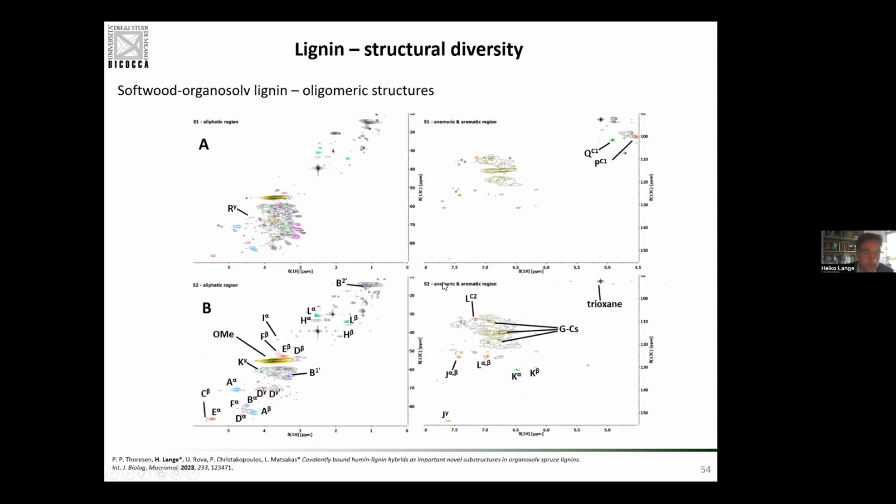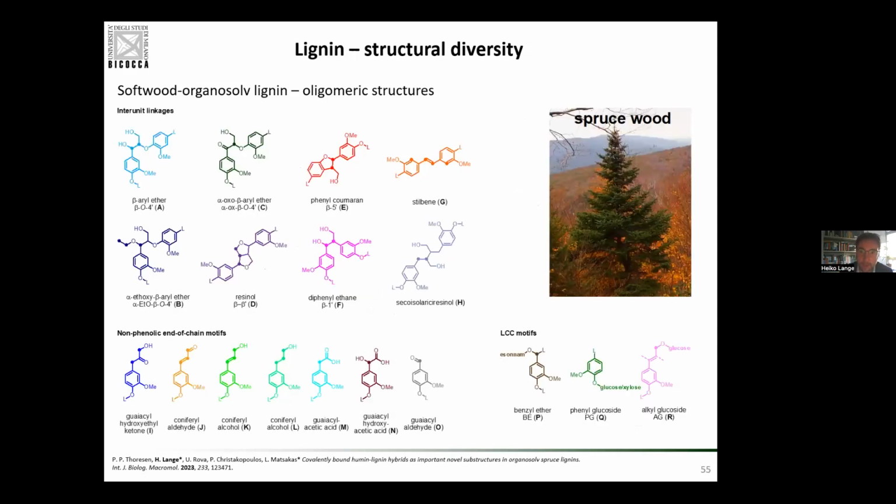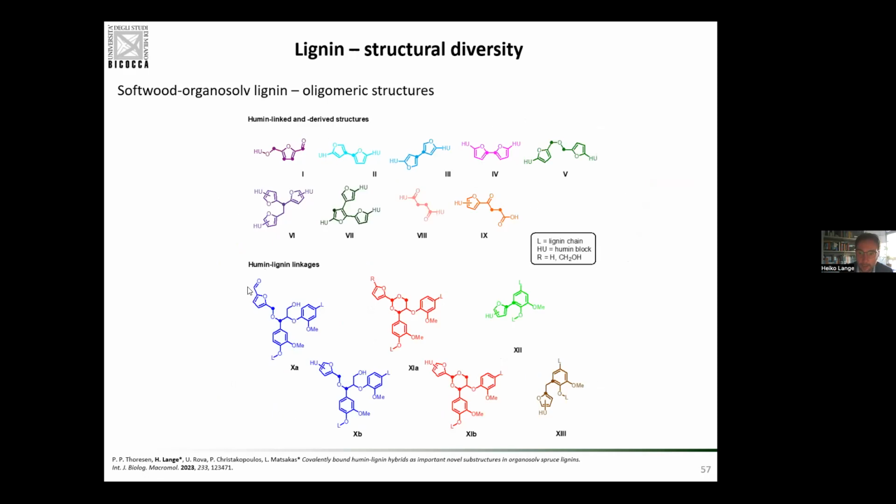And then, thanks to all the literature that is out there in terms of lignin, furfural, and lignin and furfural phenol resins, for example, we managed to identify that also in this softwood organosolv lignin, as a function of the process severity, we might have lignin humin hybrids.